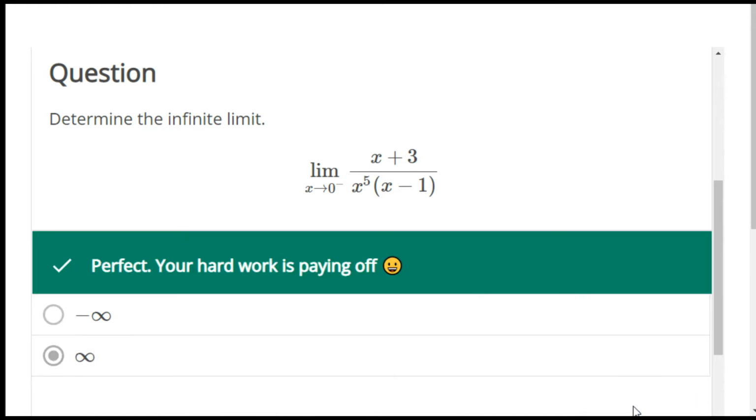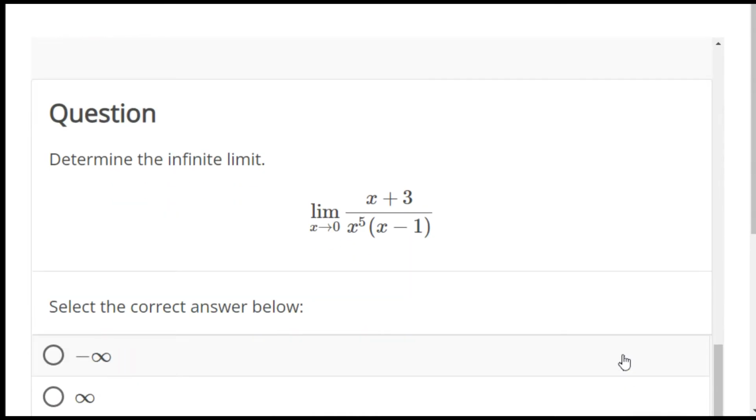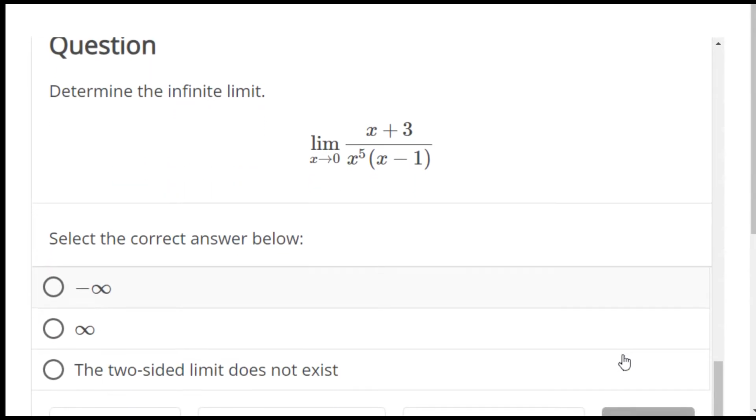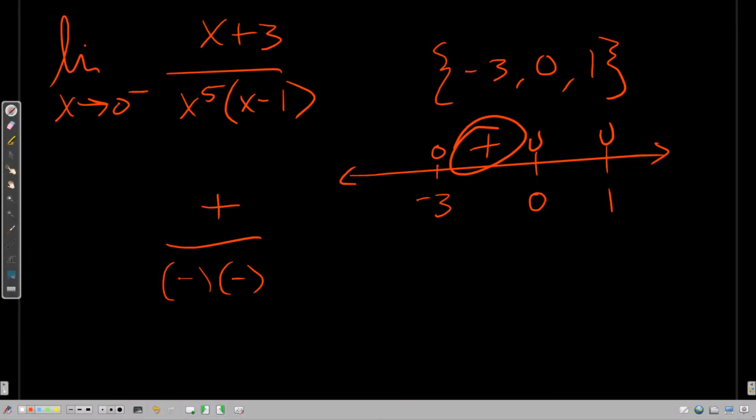Okay. Great. Now they want to know the two-sided limit. Oh boy. Well, good thing I still have all of my work here. What then is the behavior in this interval? I think it's going to switch, right?